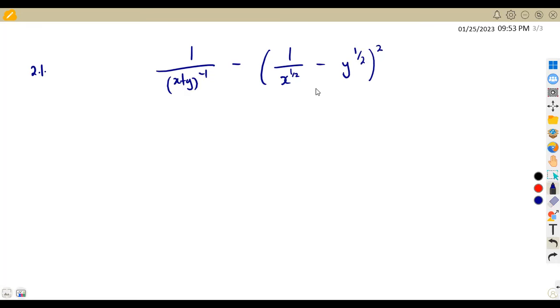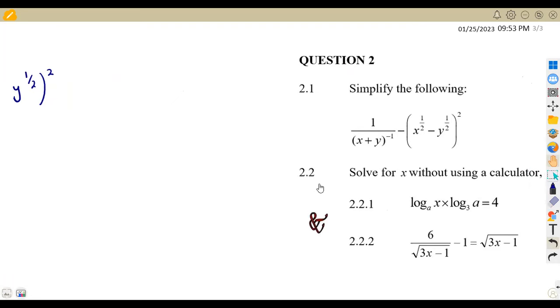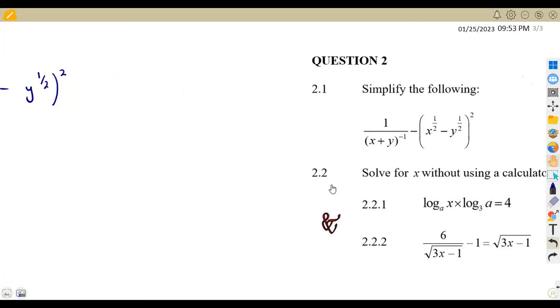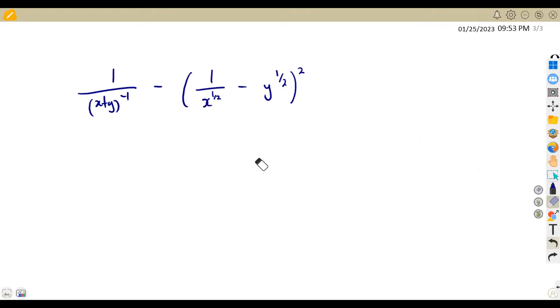All right, so that's what we are given from this part. Let us just check again and see if truly that's it. So this is x to the exponent of a half. I hope someone was like, what is happening now here? So that's x to the exponent of a half, like that.